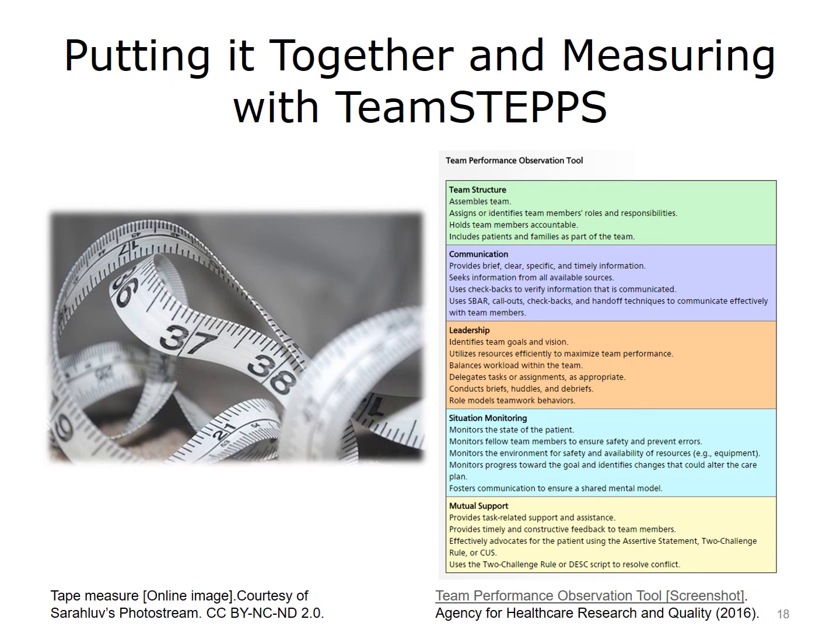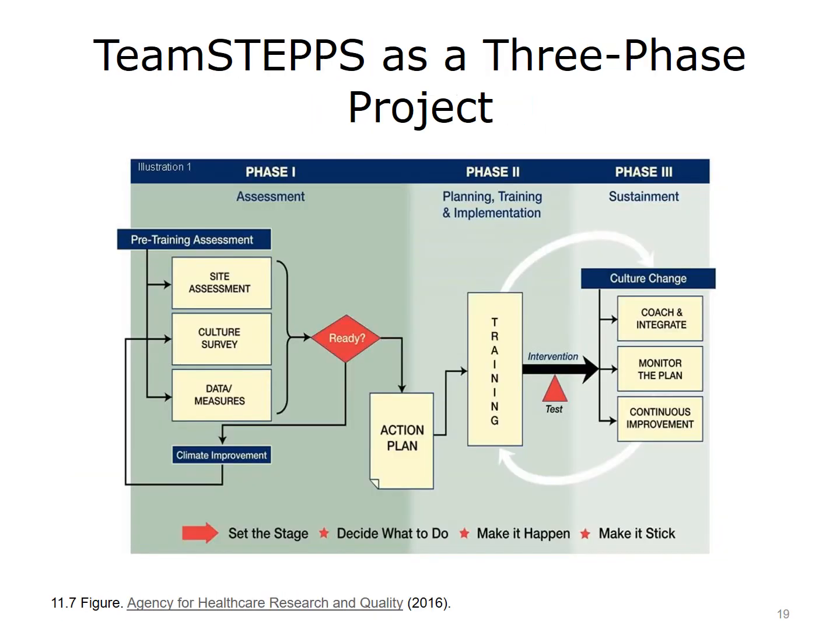Under each of these 5, team structure, leadership, situation monitoring, mutual support, and communication, are evaluation elements that can be quantified and an assessment of team performance derived. This observation tool, and many, many more, can be found on the TeamSTEPPS site at the Agency for Healthcare Research and Quality.